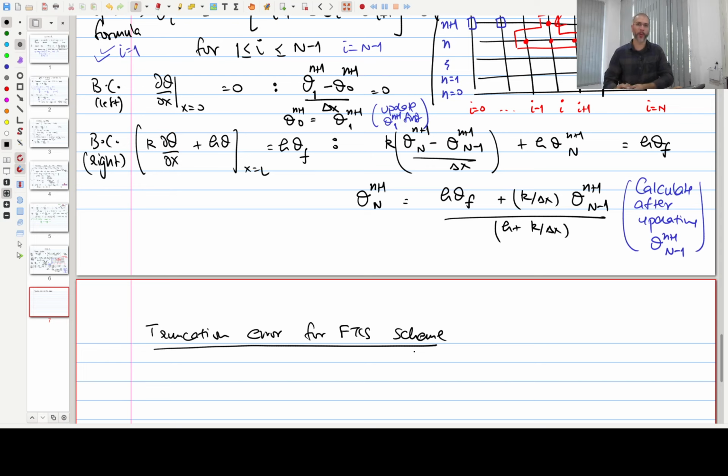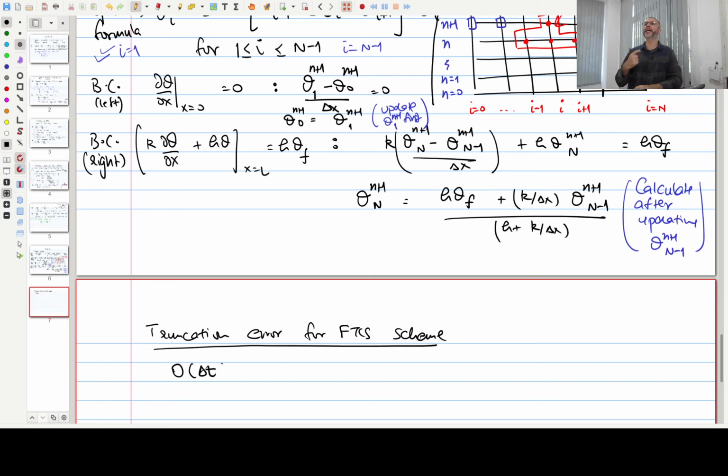So for forward difference, you remember the error was order delta x, and for center difference it was delta x squared. So in time it is forward difference, so we get an error which is of the order of delta t, because delta t is the discretization interval in the time direction. So there has to be an error associated with the size of delta t you take.